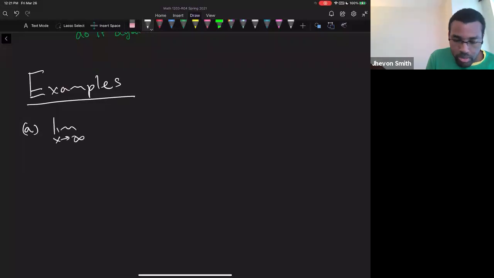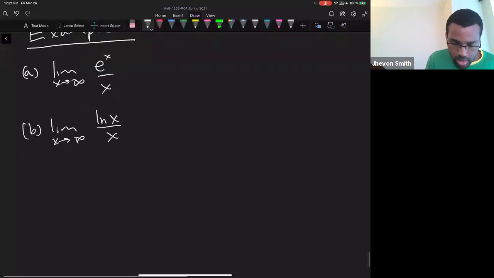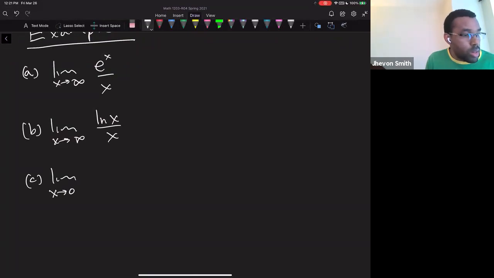The limit as x approaches infinity of e to the x over x. The limit as x approaches infinity of ln x over x. The limit as x approaches 0 plus of x ln x.